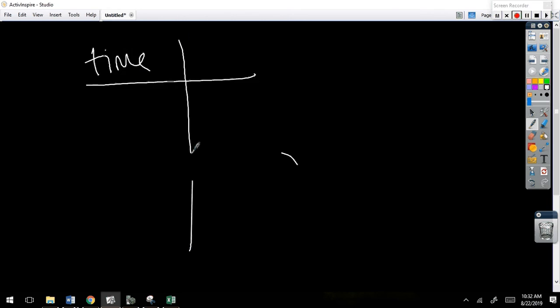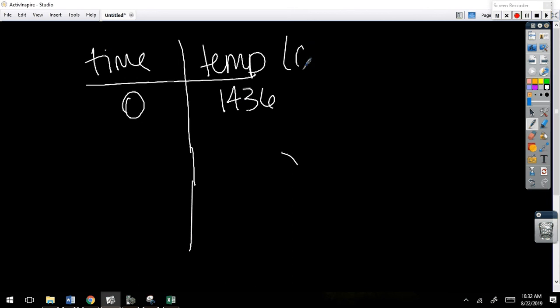So let's think about this. I'm going to put the table up here. I know this is very easy for y'all, but we'll do it anyway. The time versus the temp. At 0 minutes in, the temp was 143.6. This is Celsius. This is minutes.